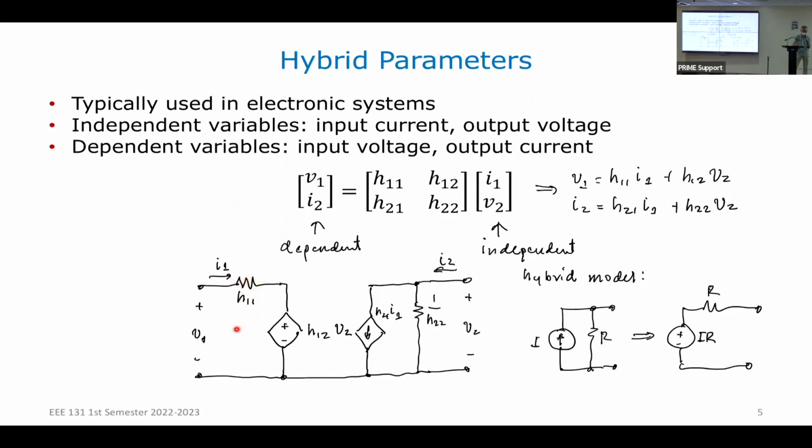To get R sub I, I have to zero this out. And to zero this out, I have to short this. That's why when we get the input resistance, as a matter of practice, we always make the output equal to zero.